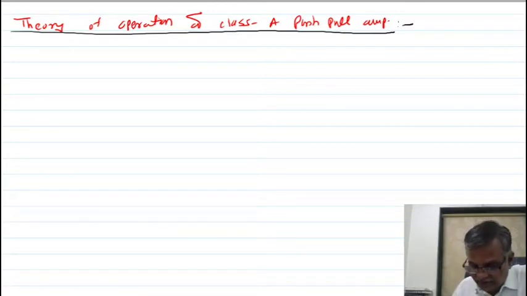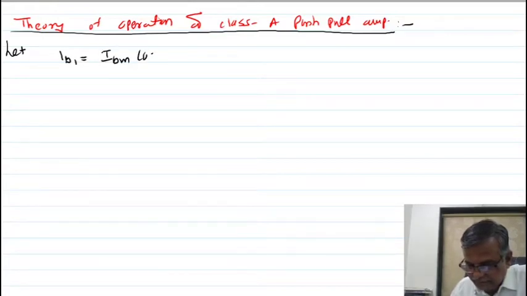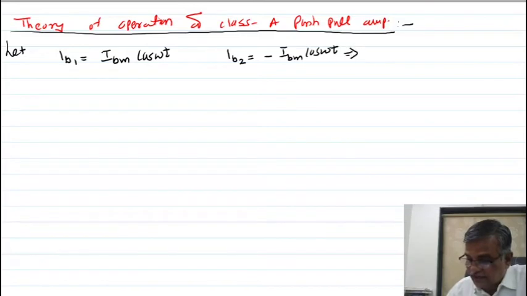So let us assume the base current for the first transistor is given by this equation. So naturally the base current 2 is opposite to this. So I am writing like this: IB2 is nothing but IBM cos(omega t + pi).